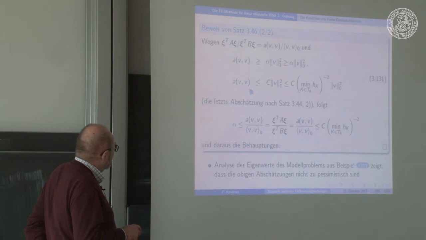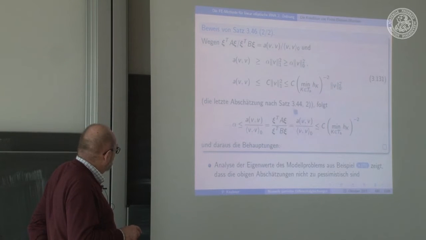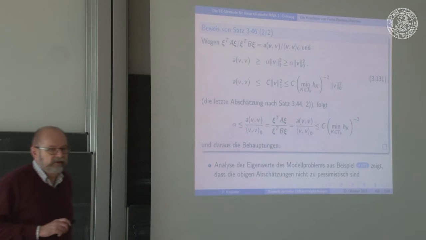What can we do? By continuity, we can estimate by c times the H1 norm squared. And now by the inverse inequality, we can estimate by the L2 norm. This is good, this we can cancel here, but at the expense of the minimum of the h_K to the -2. This in fact gives us the lower and upper bounds for this quadratic form, and thereby the assertions as discussed.